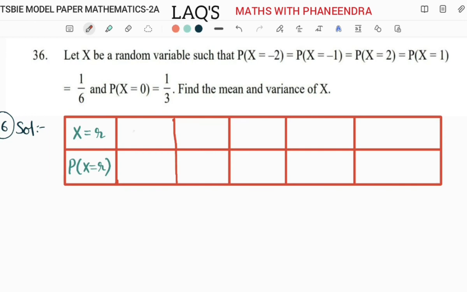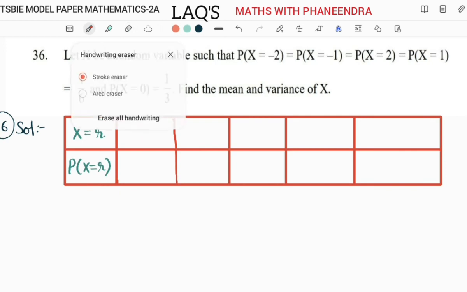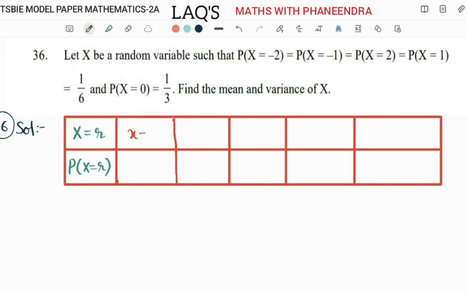So here P of x: x is equal to minus 2, x is equal to minus 1, x is equal to 0, x is equal to 1, x is equal to 2.